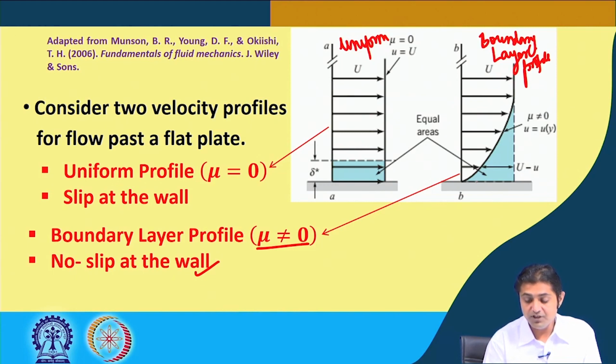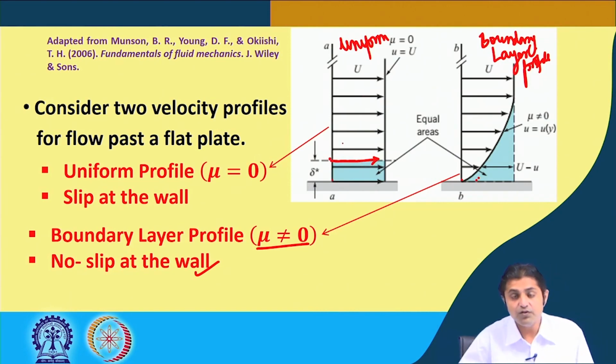No slip at the wall means the fluid velocity just above the plate is going to have the same velocity as the plate. In this case, since the plate is stationary, the fluid particle just above this will have a 0 velocity. So, that is why the velocity profile is 0 here. In the uniform profile, at the beginning there is a uniform velocity U, it is not 0.